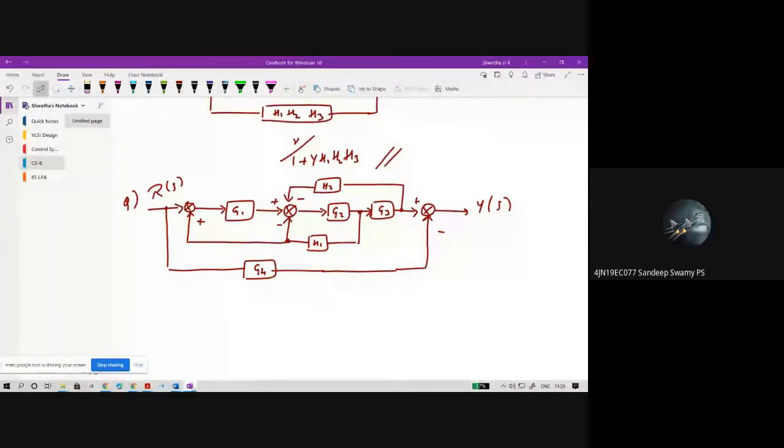Sir, in between G1 and G2, that feedback network separate mode. Summation point. Yes, sir.